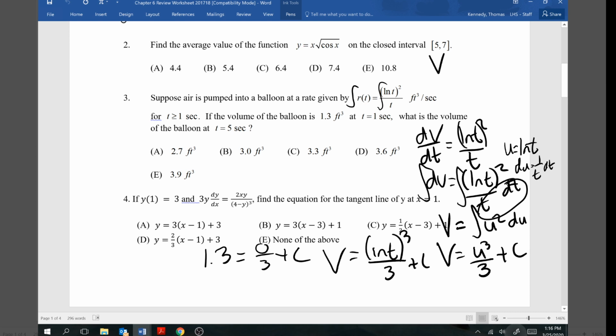So I know my volume, the answer to this question, is going to be natural log of 5 cubed over 3 plus 1.3. And that's something. It's one of those answers.